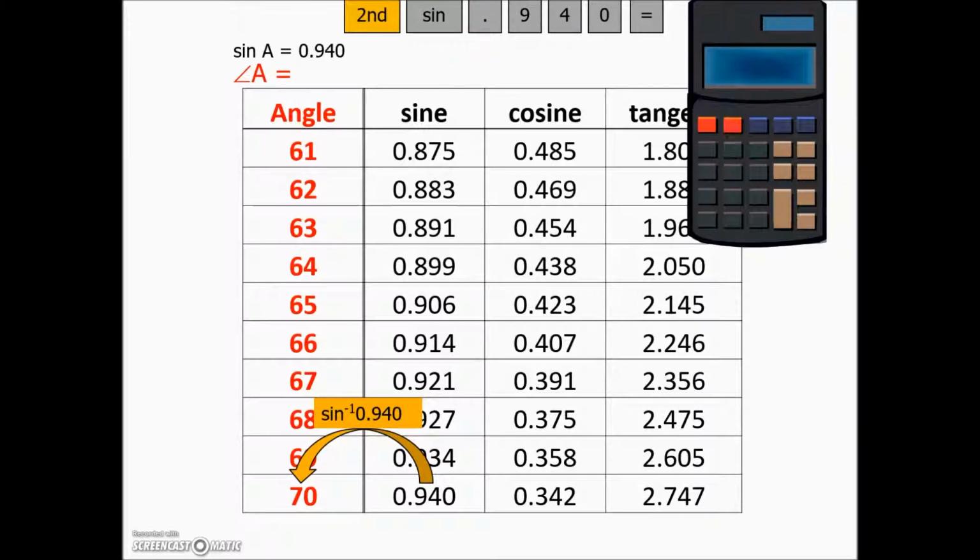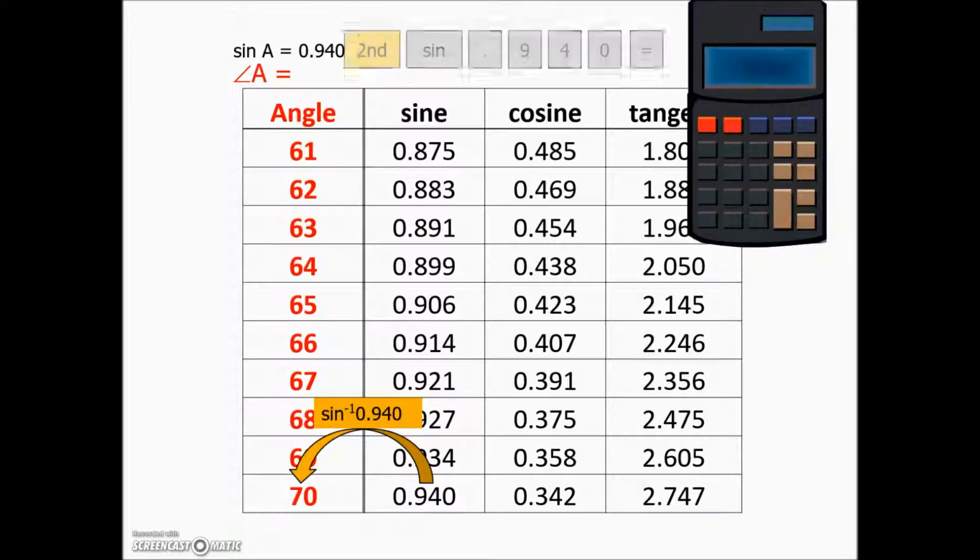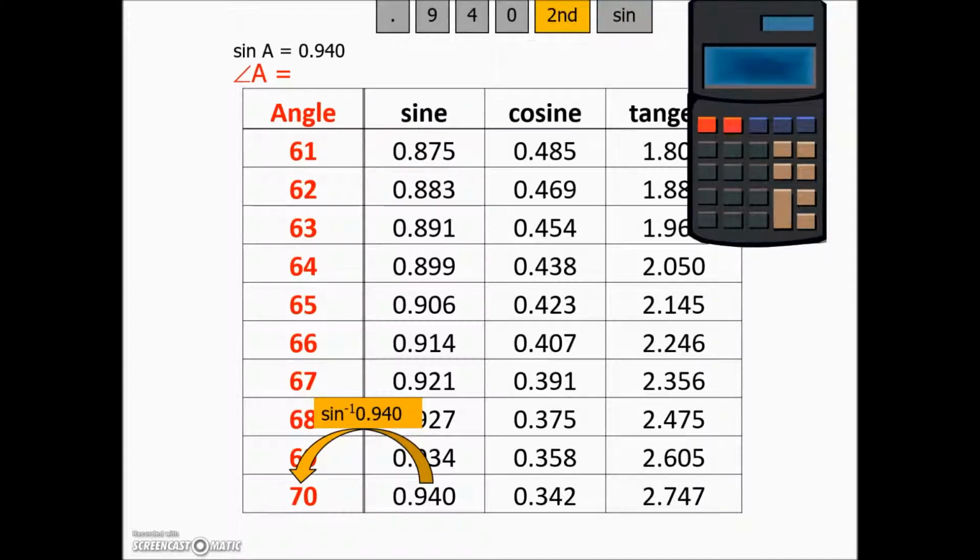Next, with your direct algebraic logic calculator, you then enter your ratio and hit equals to give you the value of the angle in this right triangle. If you have a traditional scientific calculator, your order is slightly different.